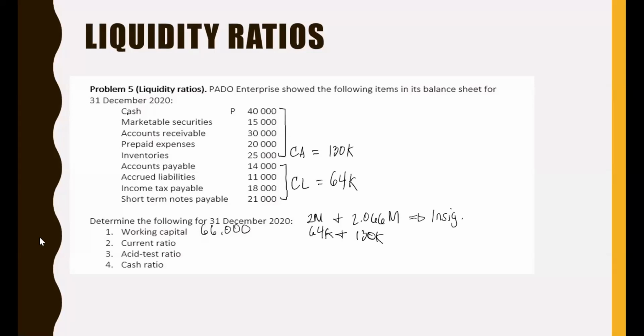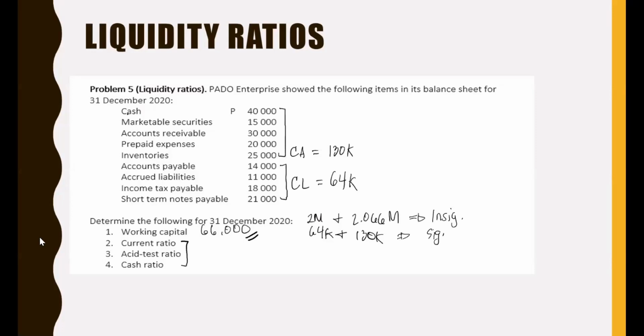This means that our total assets is almost the same as our total liabilities, or rather total current liabilities. Now, if it is 64 and 130,000, just like in our problem, then the difference is significant. So my point here is that we cannot rely on the working capital amount alone in gauging our company's liquidity. So we're going to make use of the other ratios.